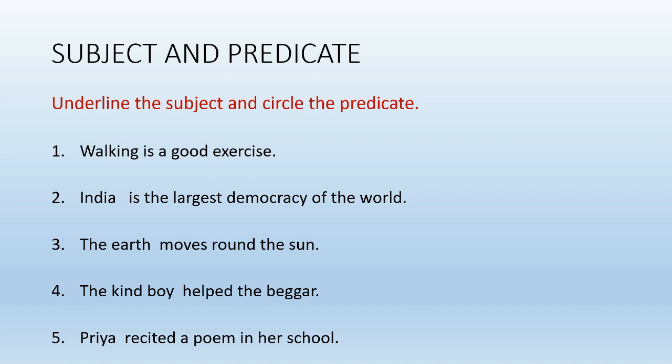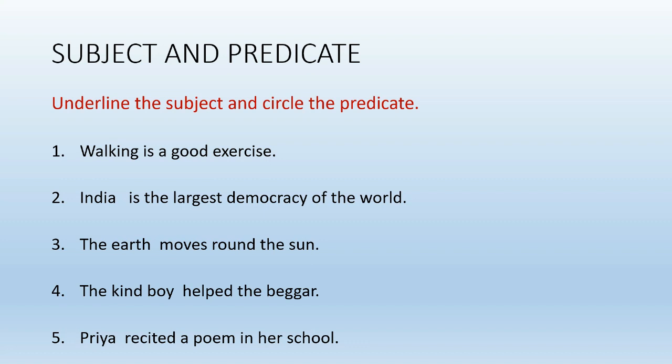When we form a sentence, we usually name a person or a thing in that sentence. And so the name or person whom we name is the subject. So what is the subject? The name or the person we talk about in the sentence is called the subject.